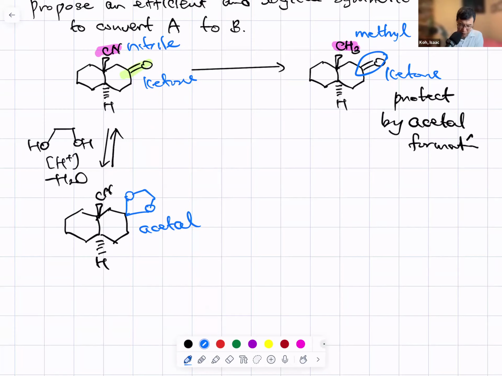The acetal goes back to the ketone in acidic condition, but it is inert in basic condition. So let's think about basic condition.